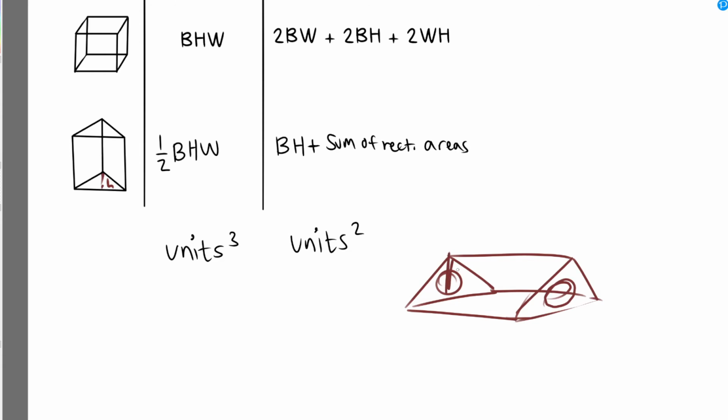It's going to be 2 of the areas of these triangles, and then the area of this one, the area of this one, and the area of this face, and those 3 are rectangles, so it's going to be base times length. You just basically have to work that one out a little bit more, with no easy formula.